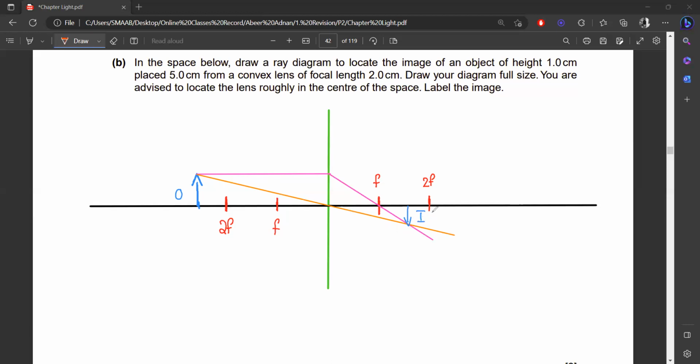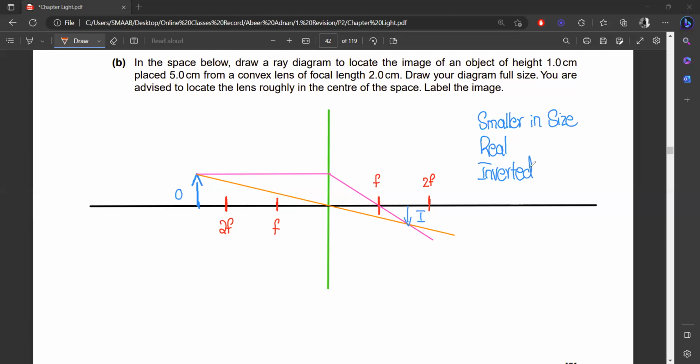And the size of the image will be smaller than the size of the object because the object is placed beyond 2F, right? Yes. So we know that the image is smaller in size, and we are having a real, inverted, smaller in size or diminished image on the right hand side.